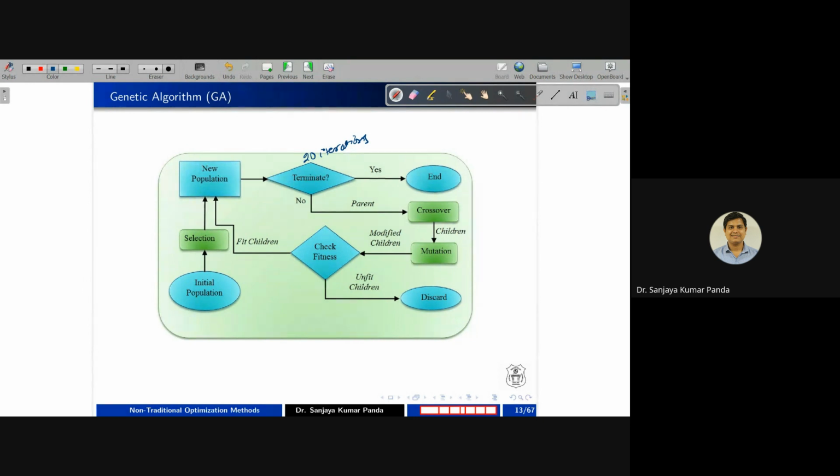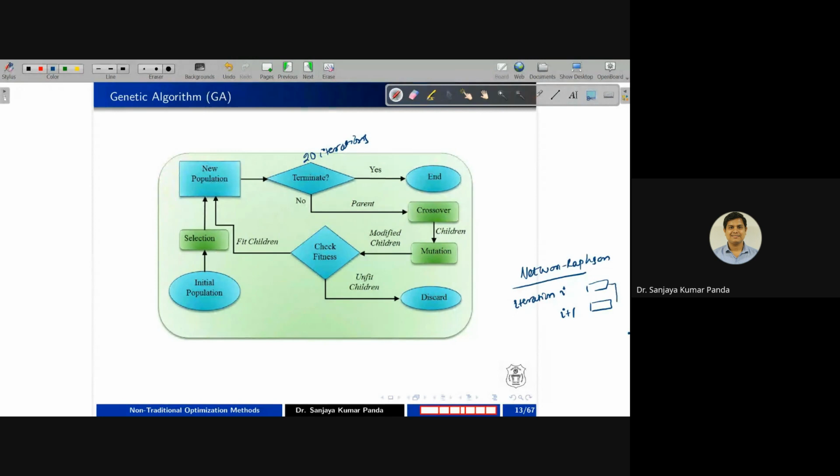Somebody can say that in 2 successive iterations, if the value is the same, like if you go for the Newton-Raphson method, which we have seen in engineering mathematics. In the Newton-Raphson method, in a particular iteration, let's say iteration I, you are getting a particular value. In iteration I plus 1, you are getting another value.